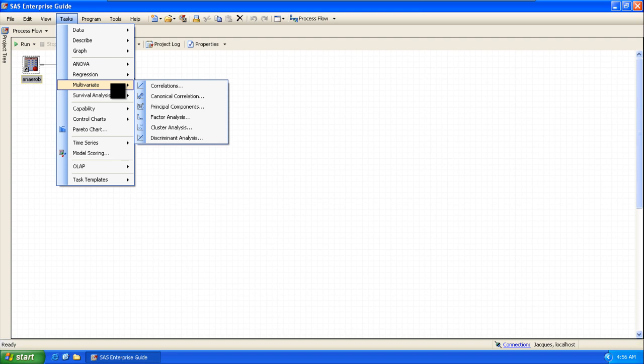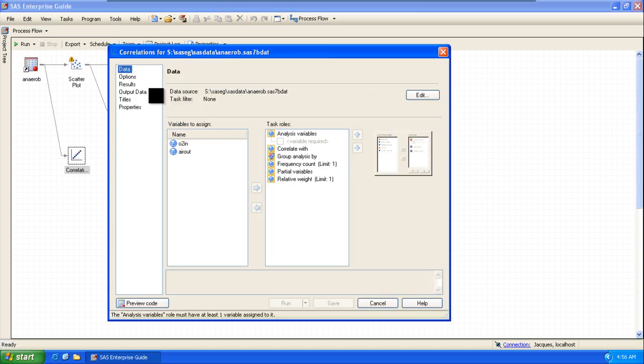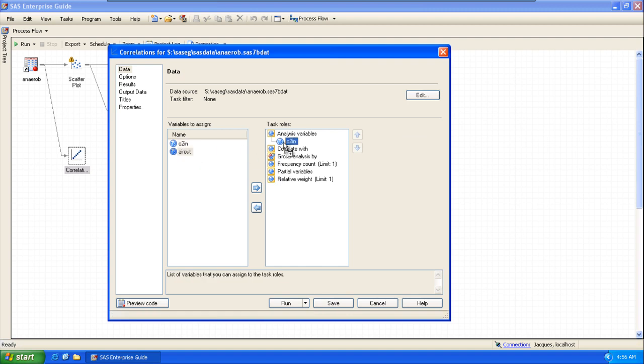Multivariate, task, multivariate correlations. We find the correlation. We check both variables.